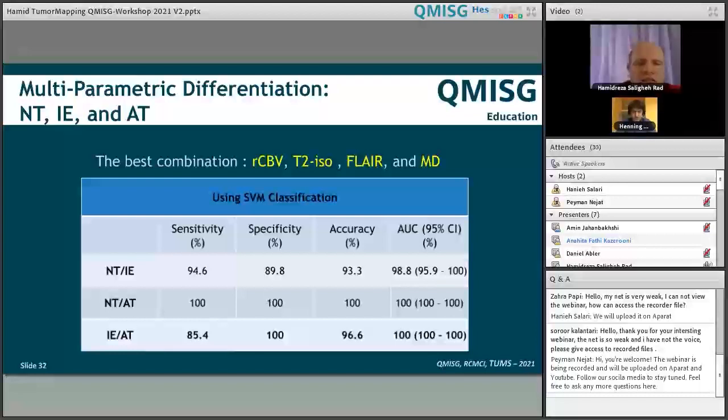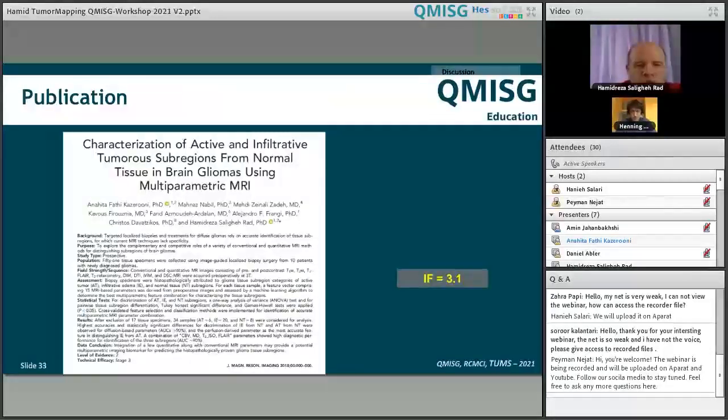We also showed that T2, iso T2, perfusion MRI, FLAIR and mean diffusivity from DTI are important modalities, and they give us features, especially when we would like to understand where healthy tissue is discriminated from a non-enhancing tumor, which is very important in tumor contouring for surgeons, and also published in the MRM journal.